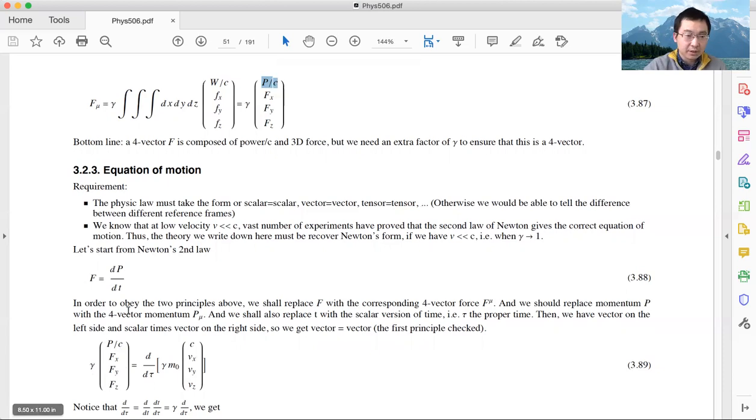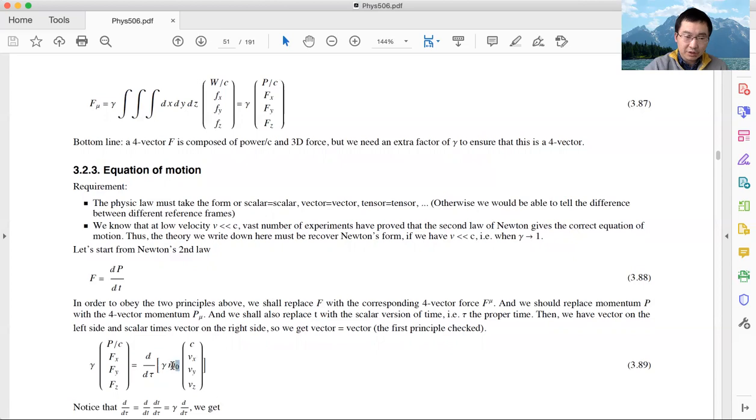That's the left-hand side. For the right-hand side, in Newton's law, momentum is a 3D vector. But instead of a 3D vector, here we should utilize a four-dimensional momentum, which we also defined in the previous lecture. The last three components are proportional to Vx, Vy, Vz, pretty much similar to the momentum we learned in Newton's mechanics.